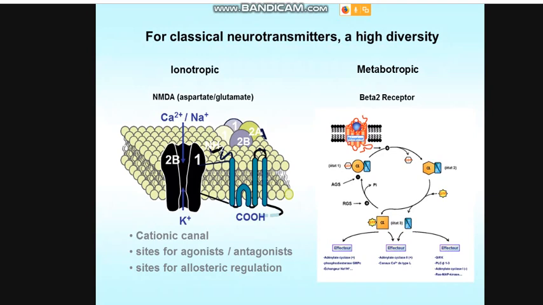Be aware that 7 transmembrane receptors can also couple proteins other than G proteins, for instance, beta-arrestin, independently of G proteins.